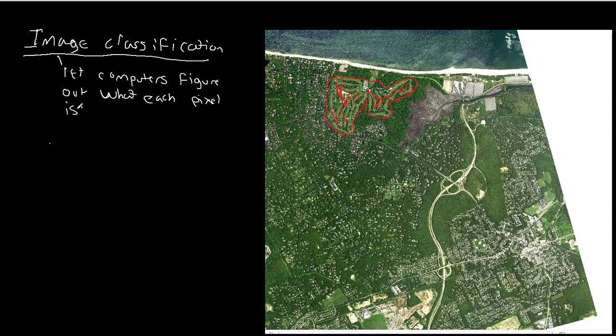It's in the hope of replacing the tediousness of having to manually click everywhere in the image to digitize polygons for, say, forested areas and water and parking lots. We're going to try and let computers do the work for us.